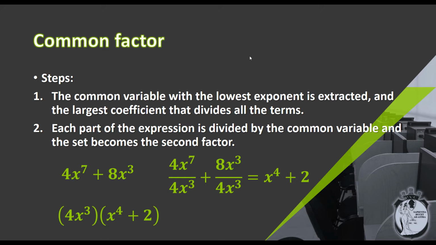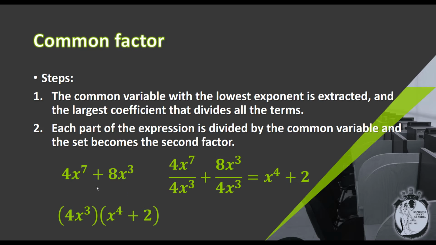You will look for a common variable with the lowest exponent. For example, here you have that sample. This is the polynomial that we want to factor. So you will look for the common variable. What is the common variable? The variable that exists in all terms.